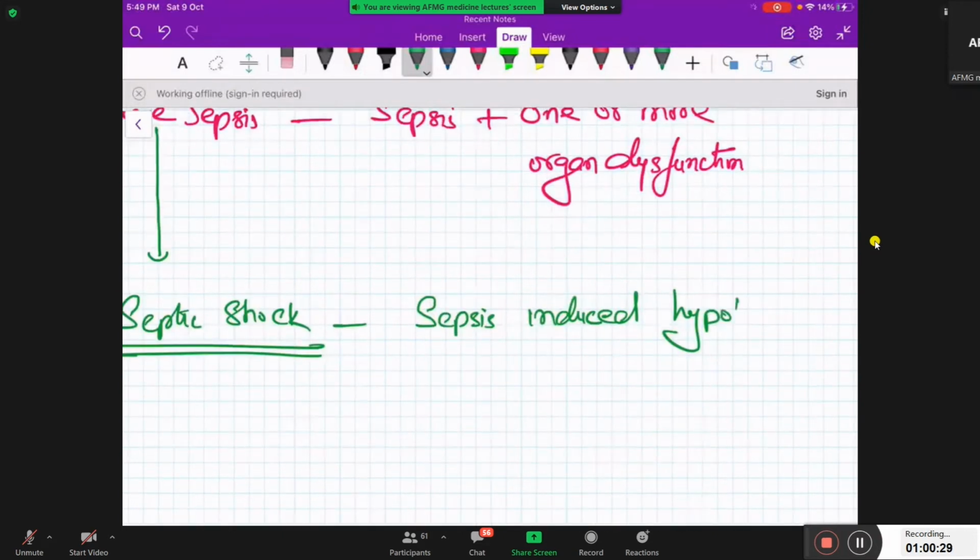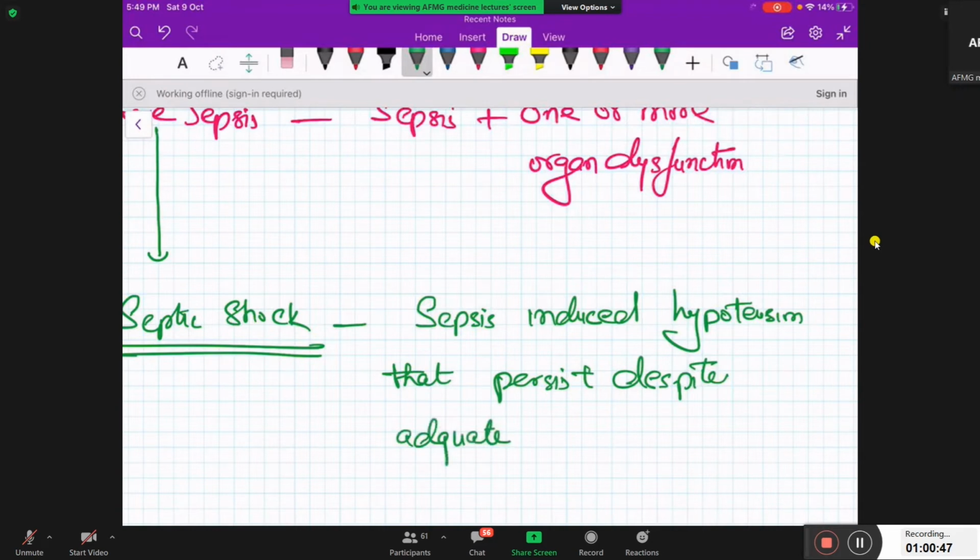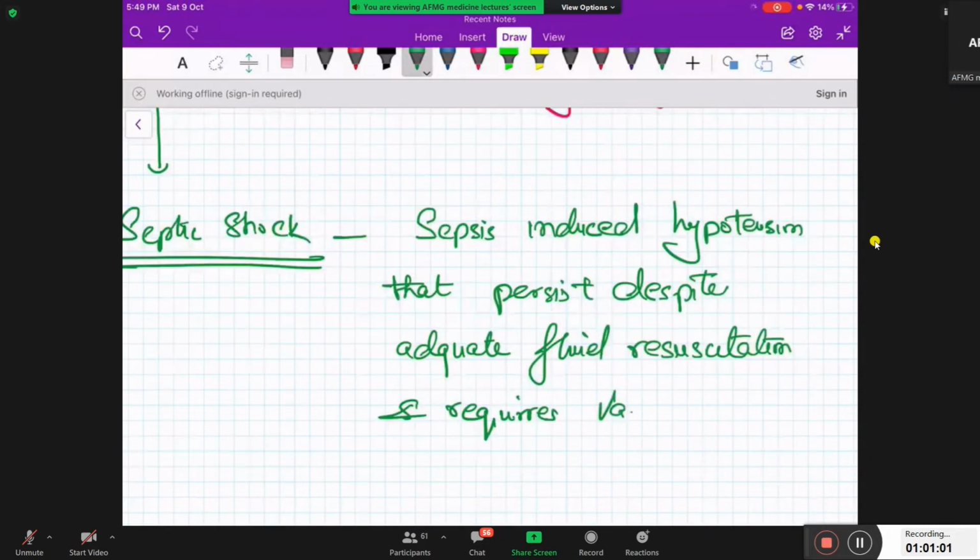Sepsis-induced hypotension that persists despite adequate fluid resuscitation and requires vasopressor support.